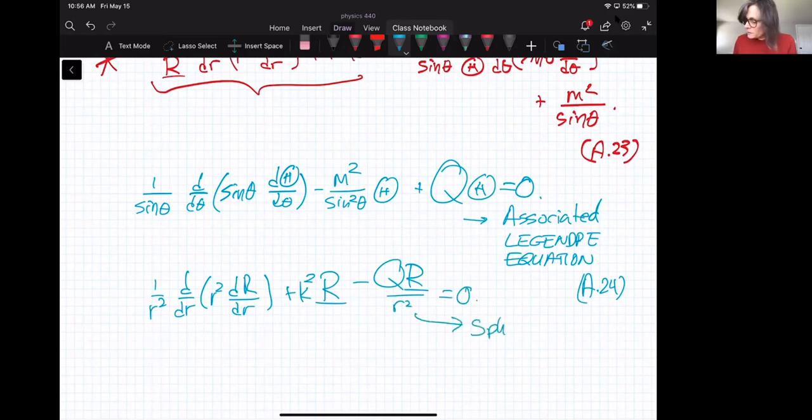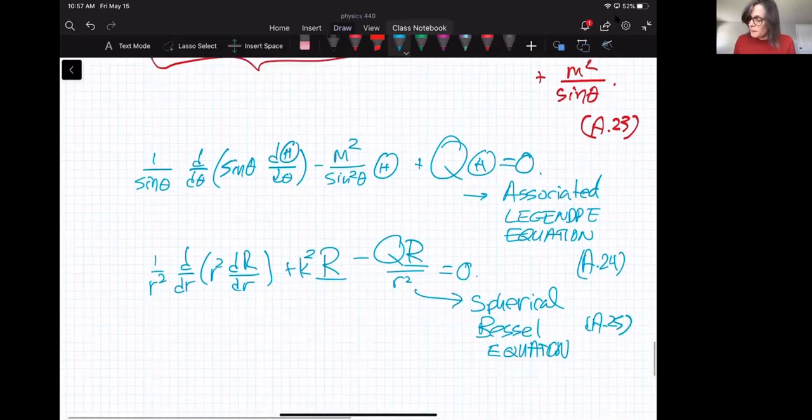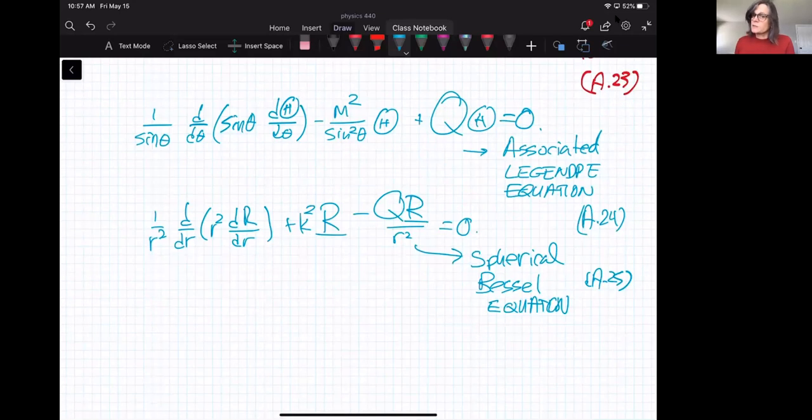This represents what is called the spherical Bessel equation. The solutions to which are the spherical Bessel functions, right? Specialized functions that have no closed form. They are aperiodic, but oscillatory, as we'll see.